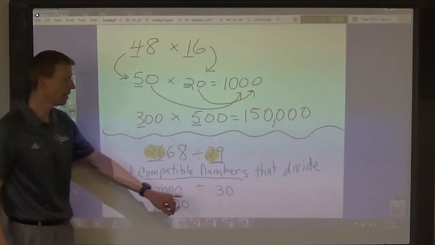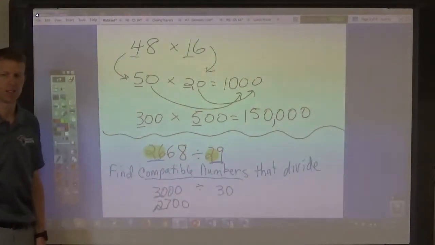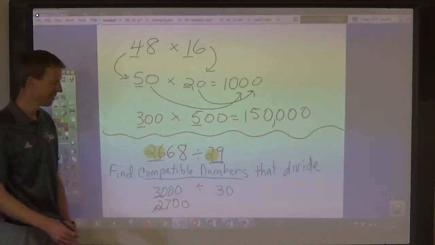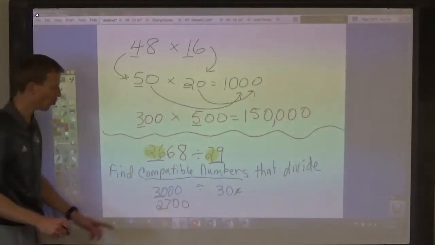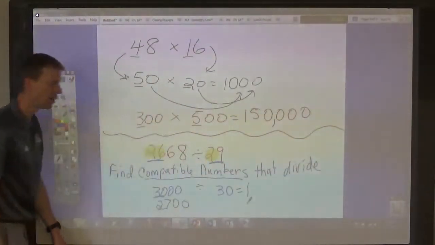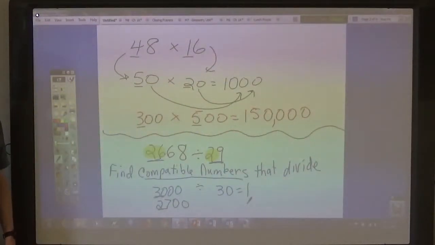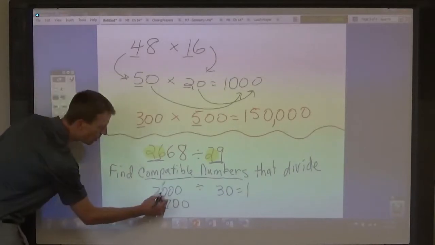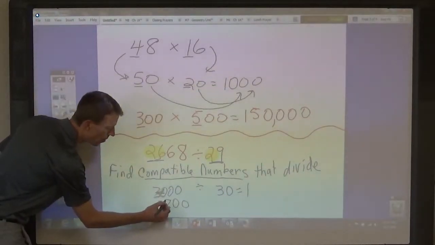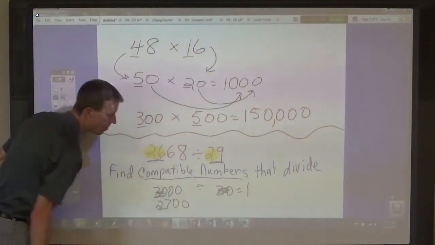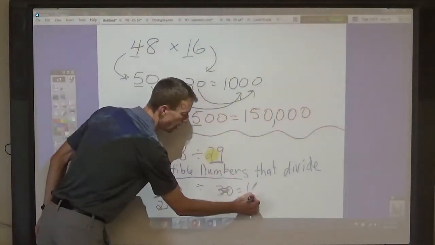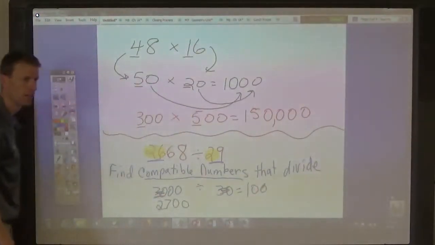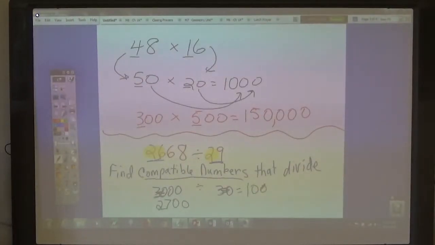So what's 30 divided by 30? Kevon? 1. Now, here's what you do when you're dividing, everyone. Once you divide these numbers, 30 and 30, then you put the remaining zeros into the number.